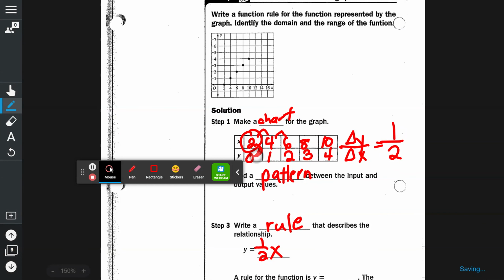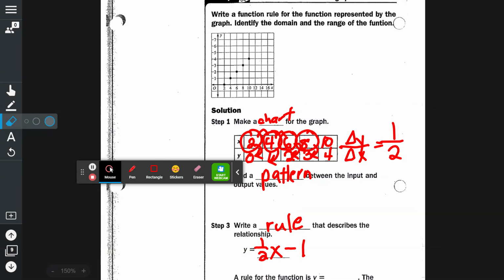To get to 0, I have to subtract 1. So now I'm going to see if that rule works. Half of 4 is 2, minus 1 is 1. Half of 6 is 3, minus 1 is 2. Half of 8 is 4, minus 1 is 3, and that rule works. Okay, so you see, as the pattern gets a little more complicated, my rule comes in handy.